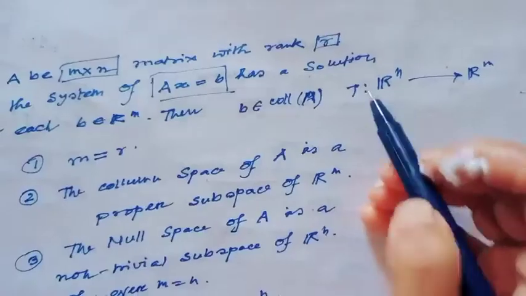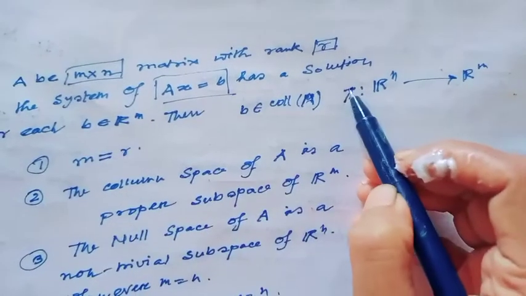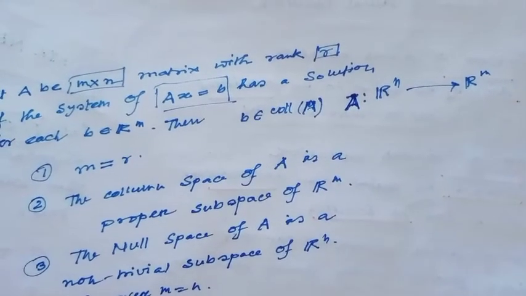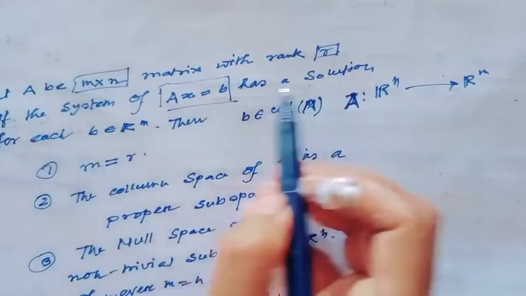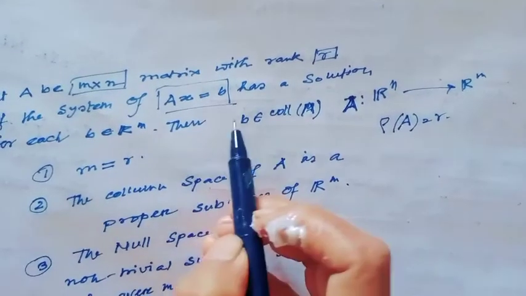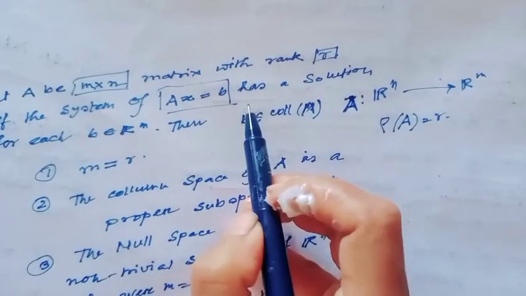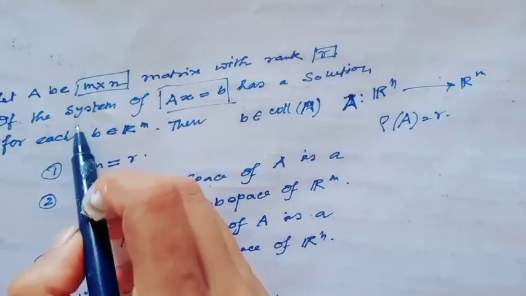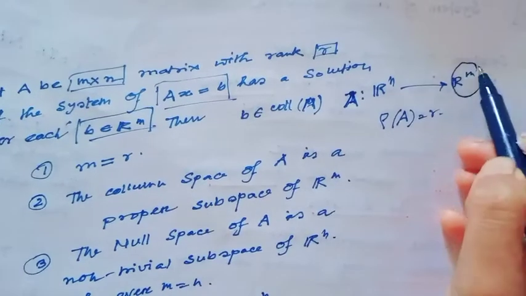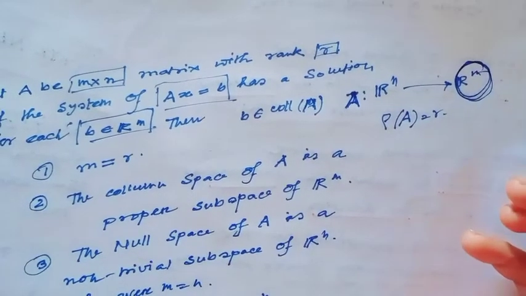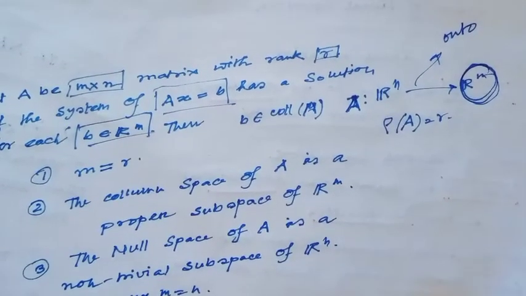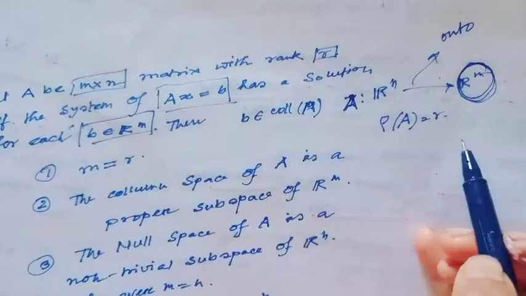Since the matrix is denoted as A, A is a linear mapping from R^n to R^m, and here it is given the rank of the matrix A equals r, but it is also given that there exists a solution for each B belonging to R^m. That means, since there exists a solution for each B belonging to R^m, this linear transformation is an onto linear transformation. Are you getting this question? I hope all my viewers have understood.